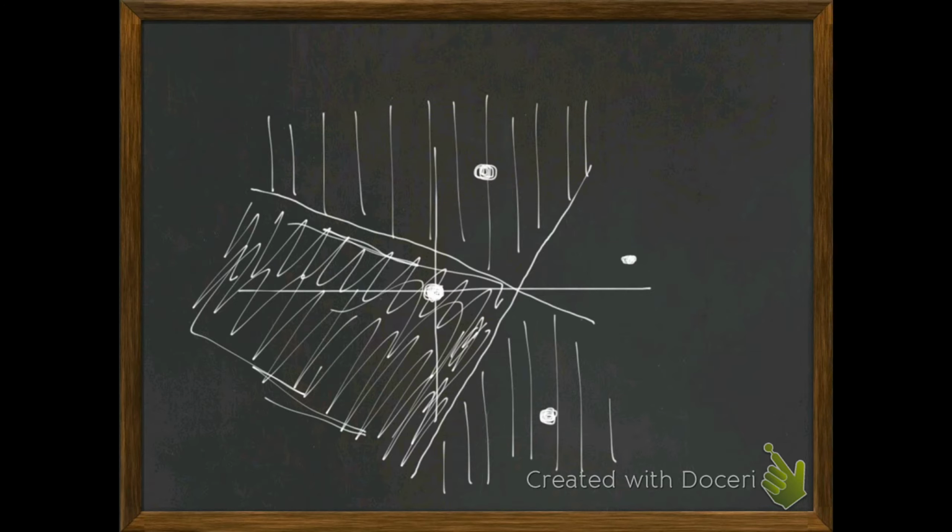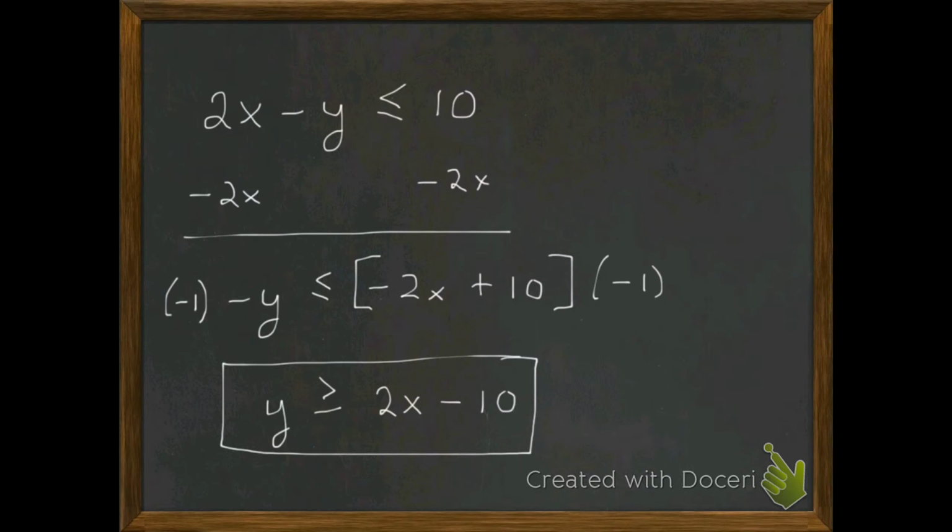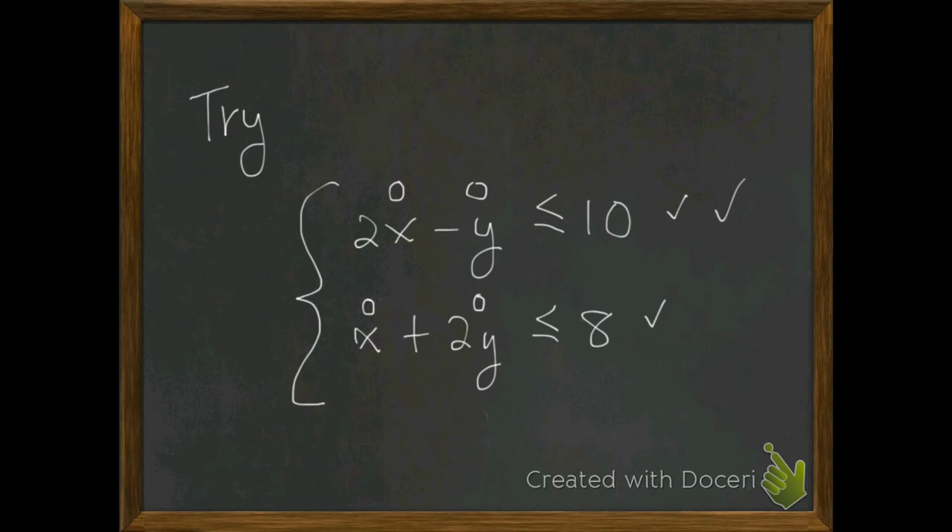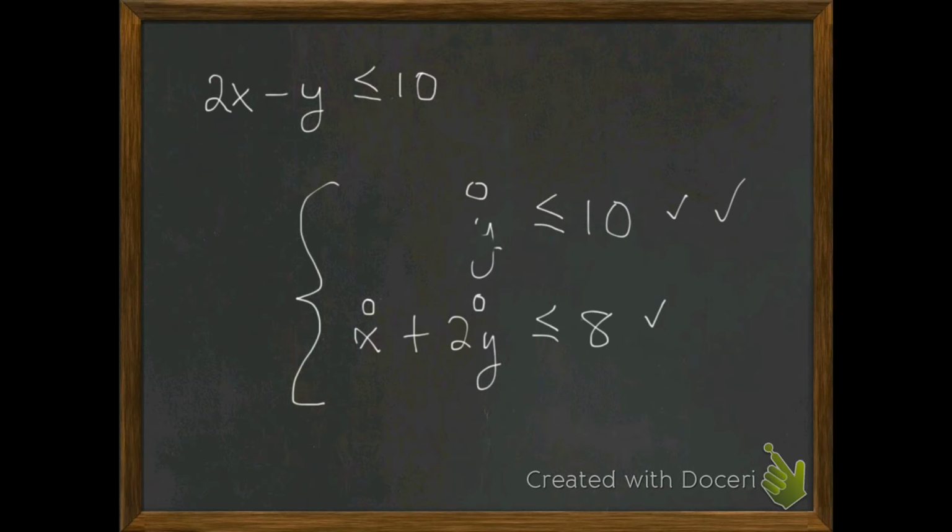Now let's mix it up a little bit here, and let me show you where we're actually going to be headed. Let's go back to this problem, and let's put a spin on this. So let's keep the 2x minus y less than or equal to 10. Okay, let me erase that out.